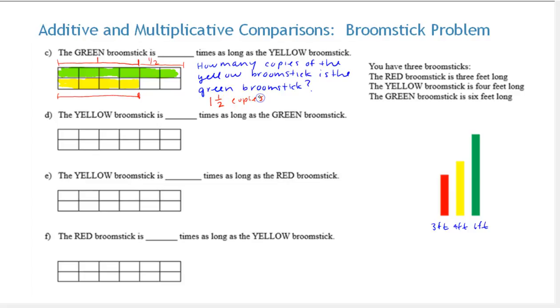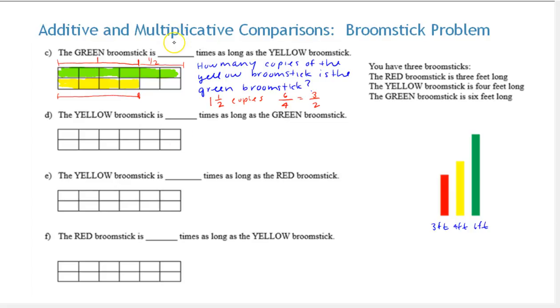Now, notice using the original values, if we compare 6 to 4 multiplicatively, we would find the ratio of 6 over 4, which simplified equals 3 over 2. And notice 3/2 is equivalent to 1 and 1/2.